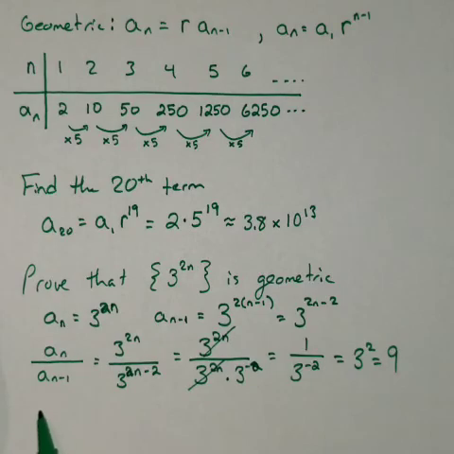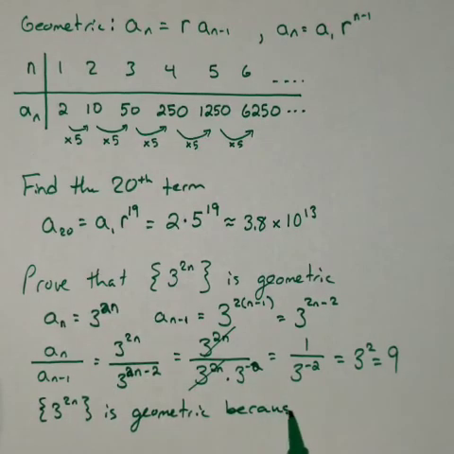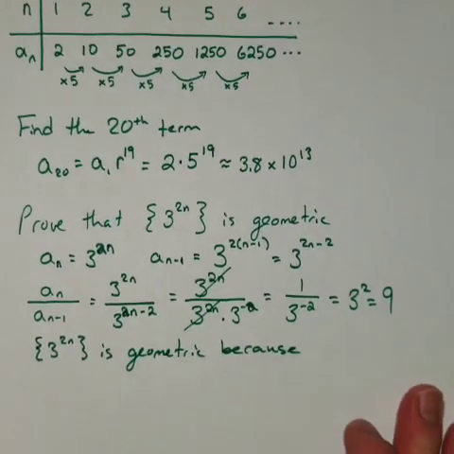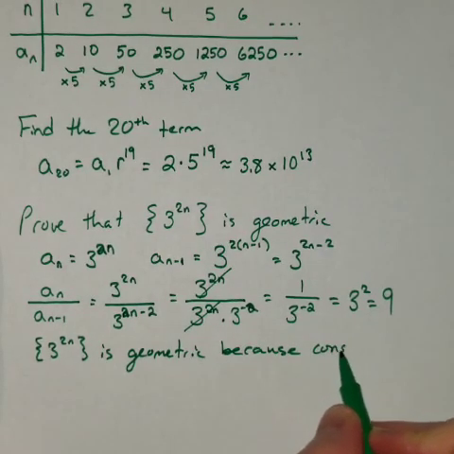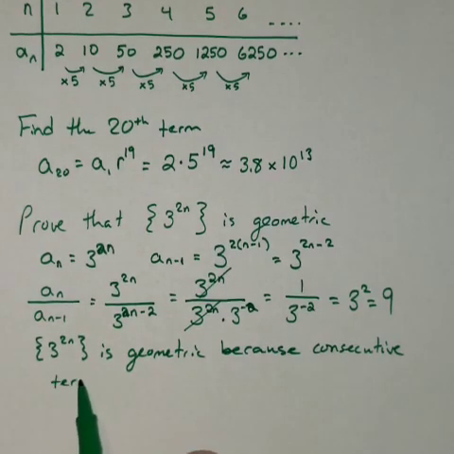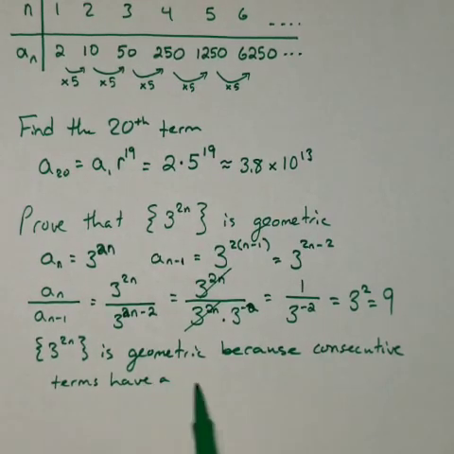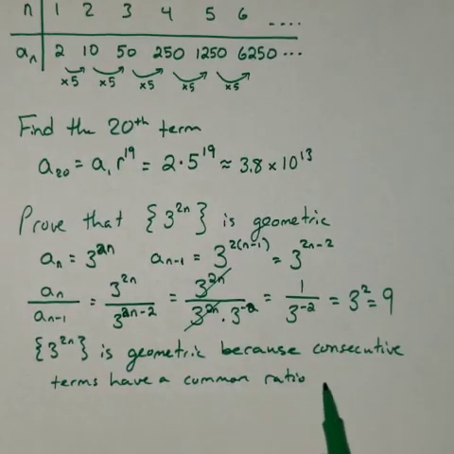So we'd say that 3 to the 2n is geometric because consecutive terms have a common ratio of 9. I'll even include the specifics.